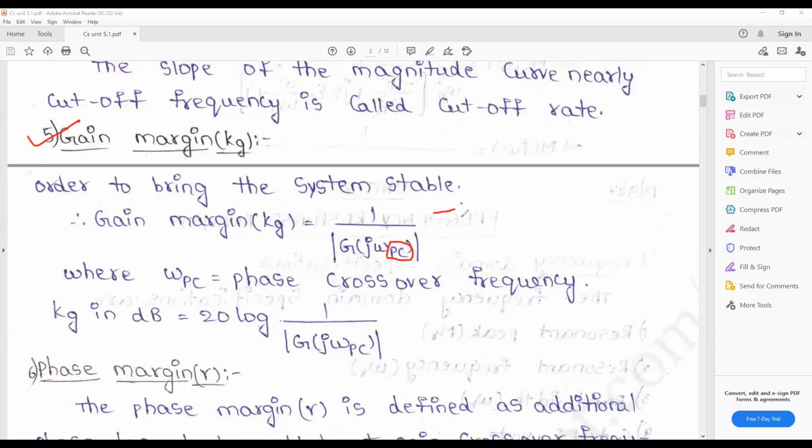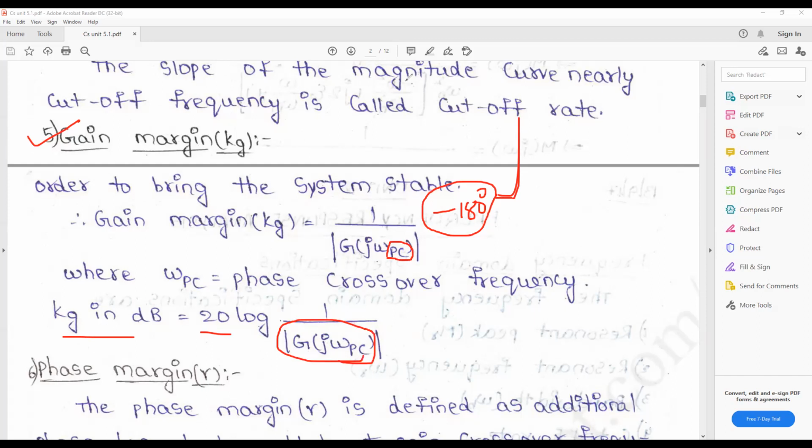So where the -180 degrees touches in the phase plot, that frequency we call the phase crossover frequency. And the gain margin is 20 log of 1 by modulus of G of j omega PC.